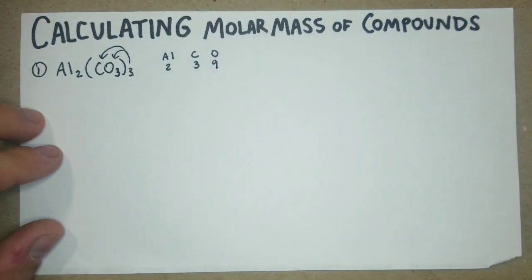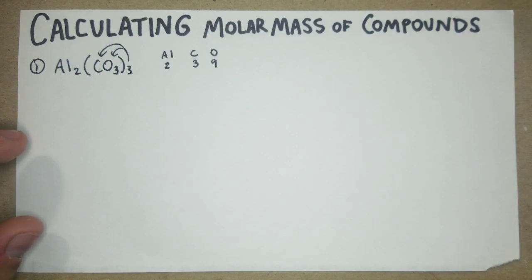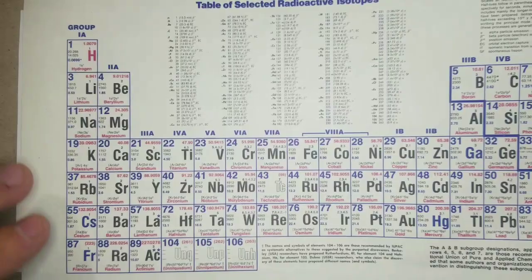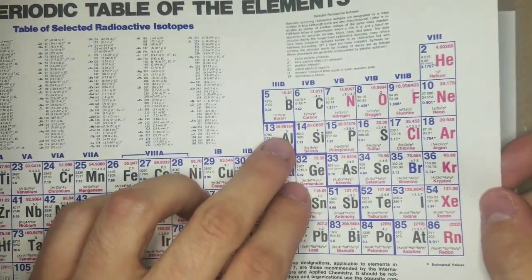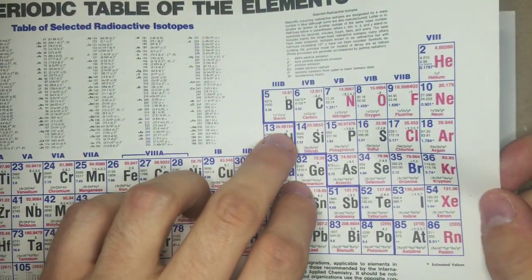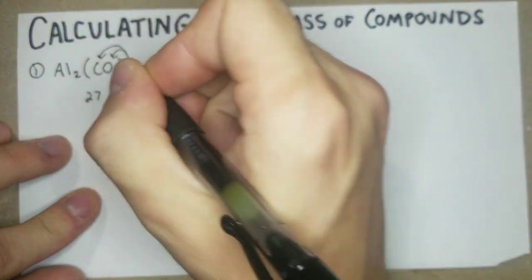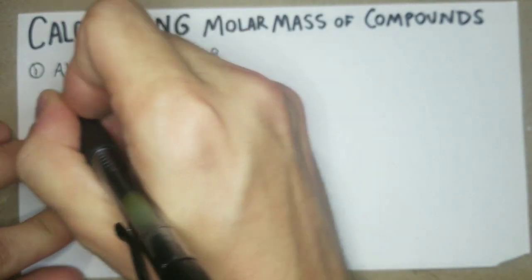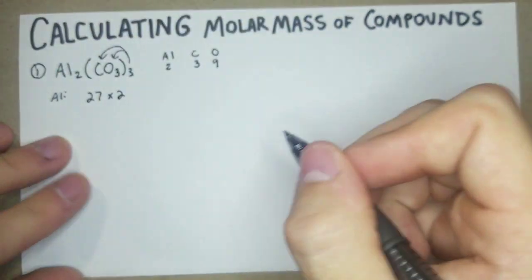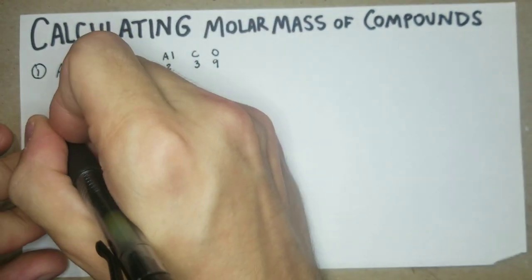Now we can consult the periodic table to figure out the molar mass of each one. For aluminum, it's right here, 26.98. We can round that up to 27, times 2.